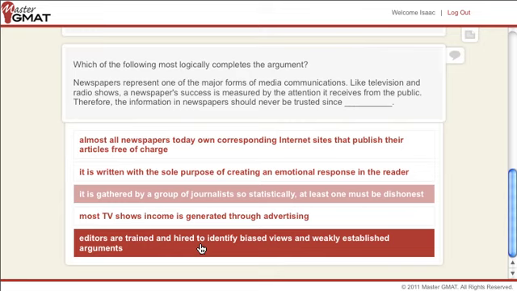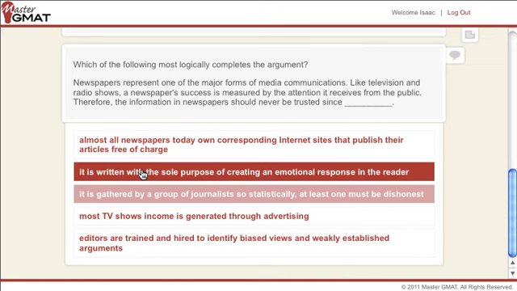Now think about this for a second. If editors are trained to identify biased views and weakly established arguments, what this answer choice actually does is weaken the conclusion that newspapers should never be trusted, right? Because it's telling us that newspapers are actually trustworthy. So we can get rid of that, and of course our best answer is B.